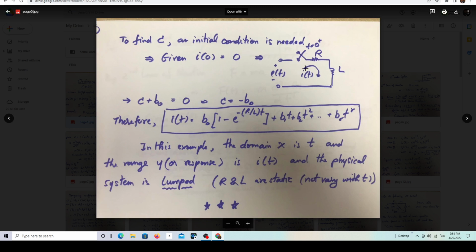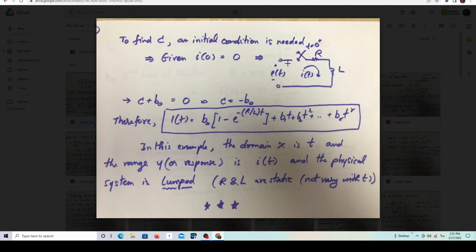For example, in this case, as you might be familiar from an electrical engineering course or some physics course related to circuit analysis of alternating current circuits, we would assume that i at time 0 is equal to 0.